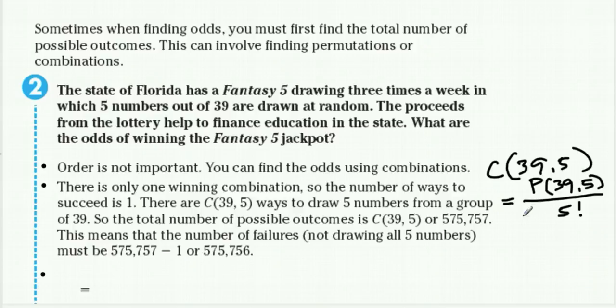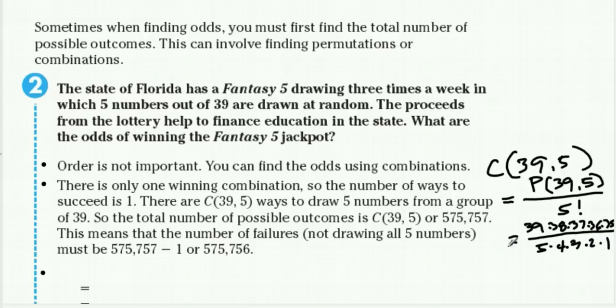If we solve for that, this becomes 39 times 38 times 37 times 36 times 35, 5 numbers right there, all over 5 times 4 times 3 times 2 times 1. If you solve that, you end up with this number.